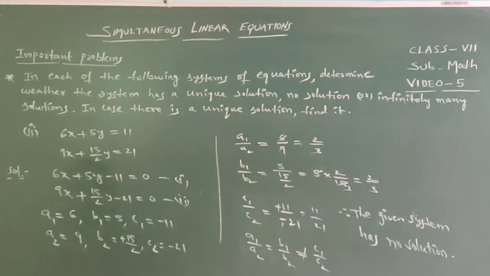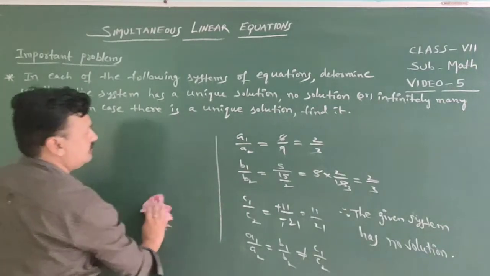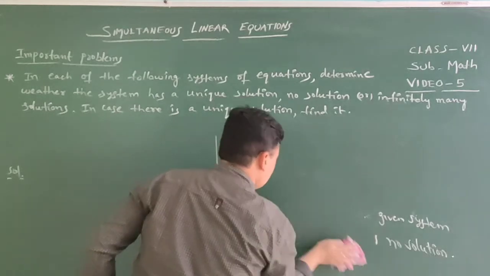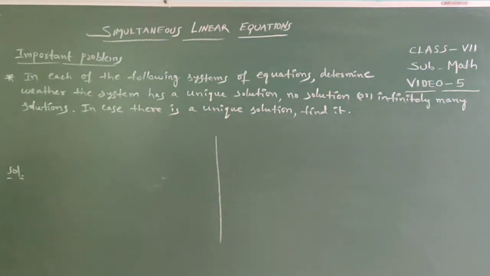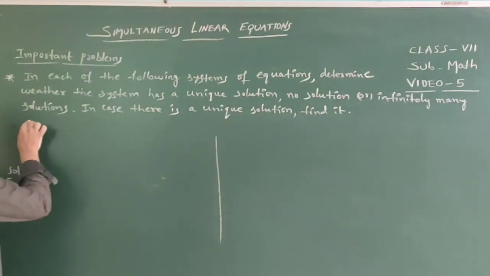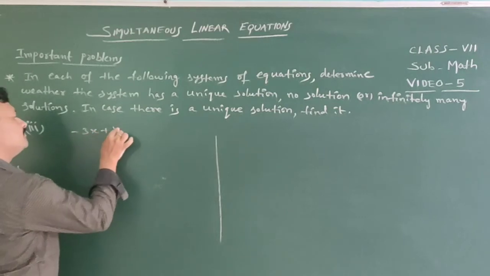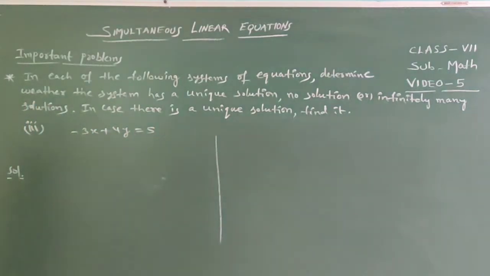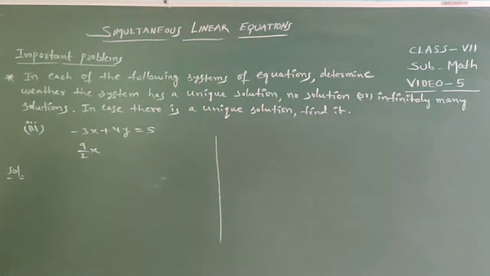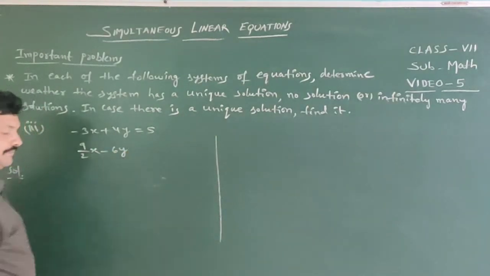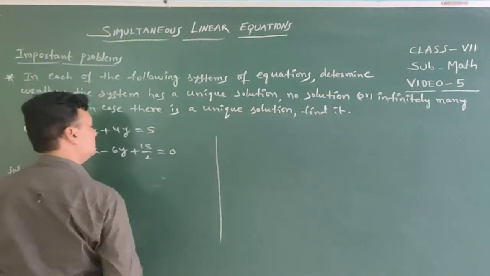Next, third equation. Minus 3x plus 4y equal to 5, 9 by 2x minus 6y plus 15 by 2 equal to 0.